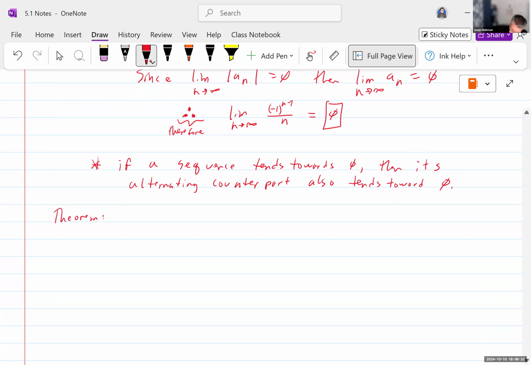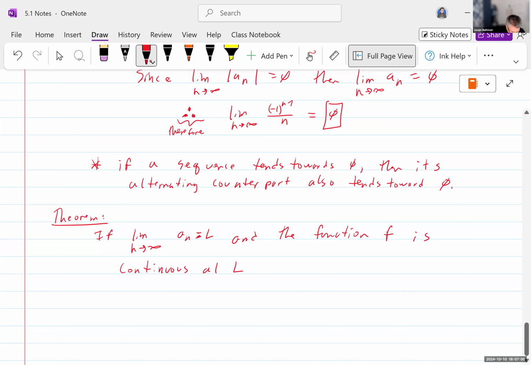Okay, theorem. If the limit as n goes to infinity of a sub n is equal to L, and the function f is continuous at L, then the limit as n goes to infinity of the function of the sequence is equal to the function evaluated at the limit.